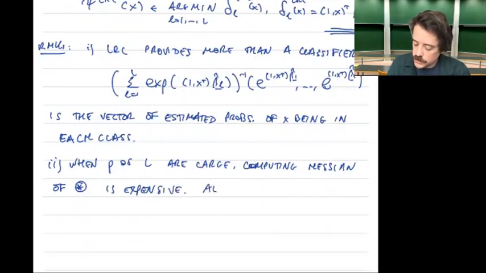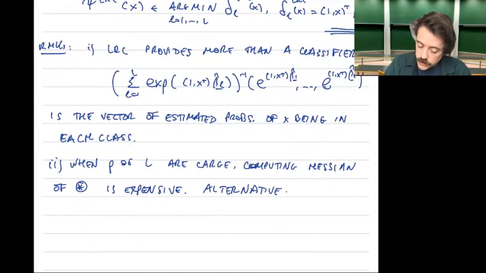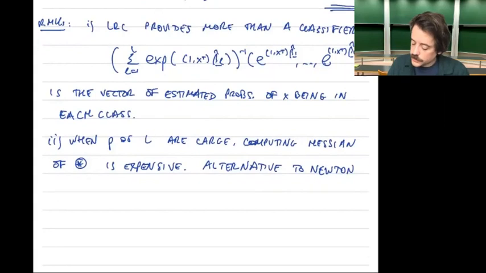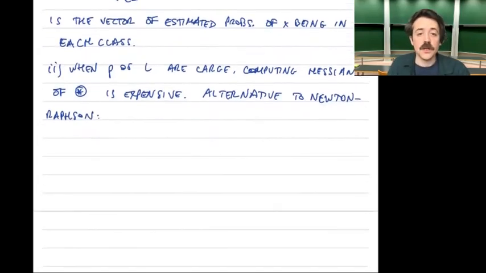Okay, so we introduce an alternative. And this is an alternative, of course, to Newton-Raphson, because I'm implicitly saying that we were going to find the zeros of the gradient with Newton-Raphson, which is what we've done traditionally.